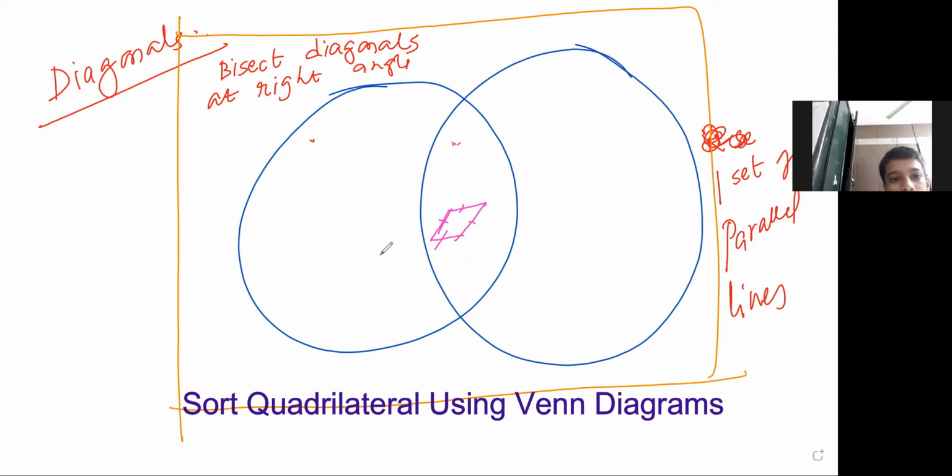Correct. What else? Square. Correct. So these two figures will come here. Rectangle? No, not rectangle. Why? Rectangle diagonals do not bisect at right angles. Do you see that? That is the difference. Correct?